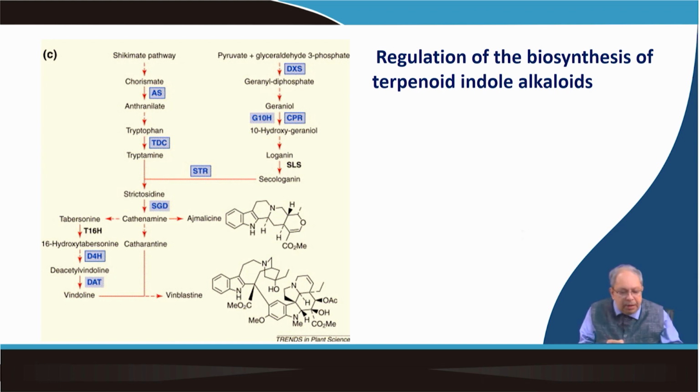What we have seen is tryptophan decarboxylase, which converts tryptophan to tryptamine. This is TDC, an important enzyme for making tryptamine, which is one of the substrates for strictosidine synthase, called STR, which joins tryptamine and secologanin.